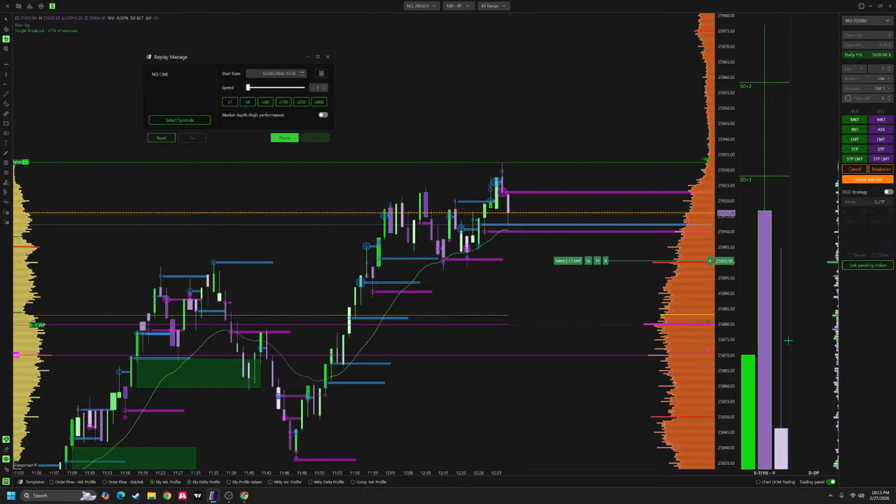We break through that zone again, it's going. Like it's going up.